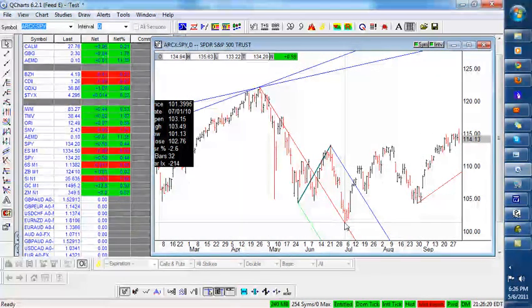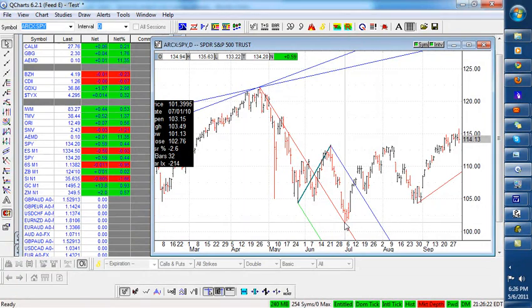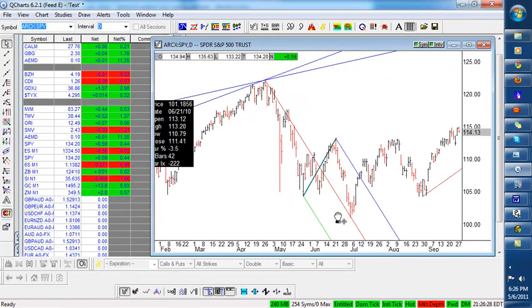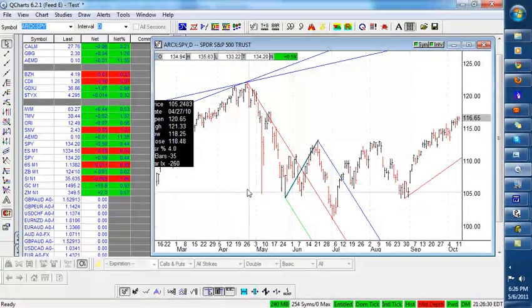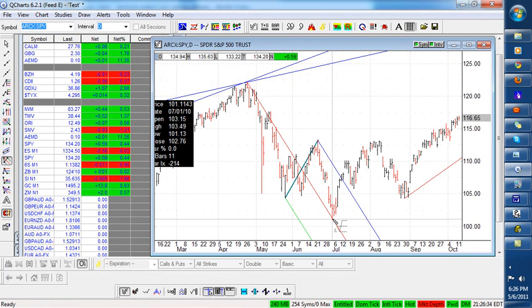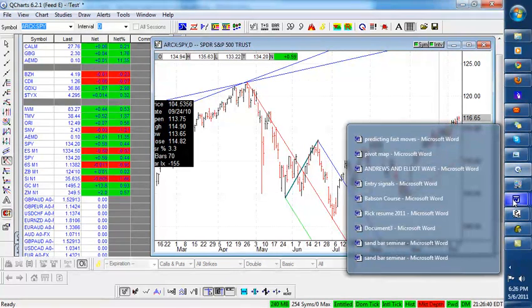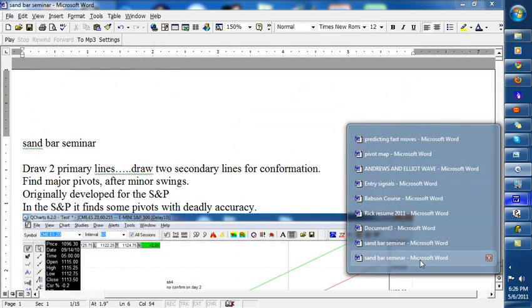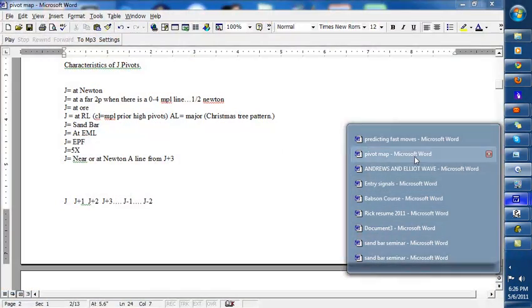Now, one of the things can be a not, even though I don't necessarily look for that. But that can show its head there. Okay. More often I look for that to be a pivot J minus 1, but anyhow.